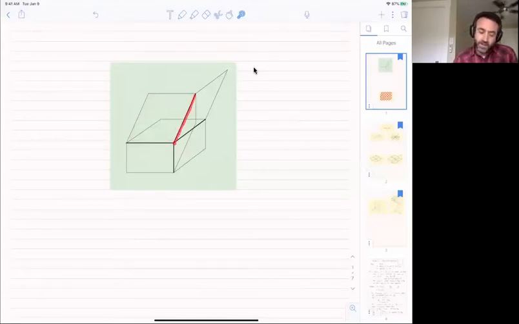Here it's less so, but there's a one-dimensional space that you can act on to reduce it down to the lower dimensional case, the one-dimensional case.